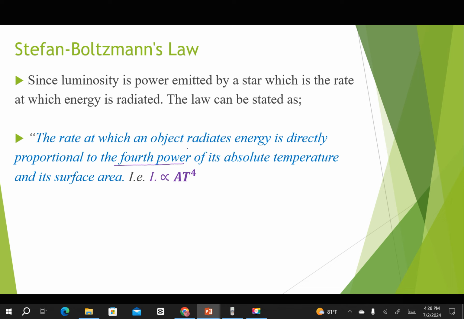The rate at which an object radiates power, that is the luminosity, is directly proportional to the fourth power of the absolute temperature and also directly proportional to the surface area.